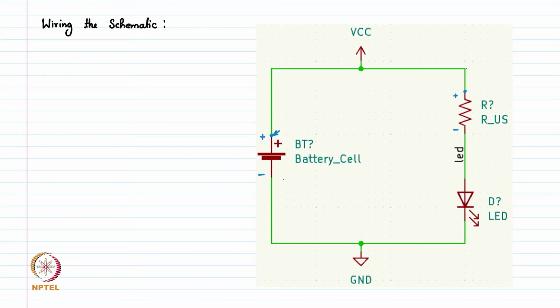This wire we can invoke by simply the add a wire button. It is there on the right hand toolbar, or we have a shortcut for this as well. So we can click the add a wire button.